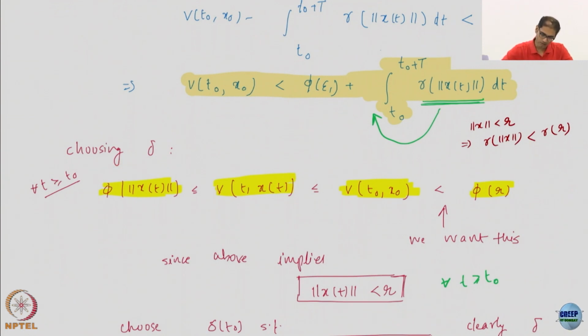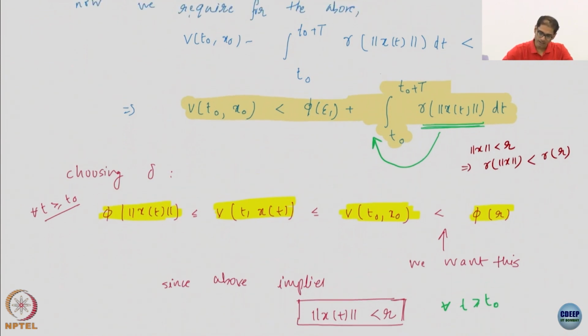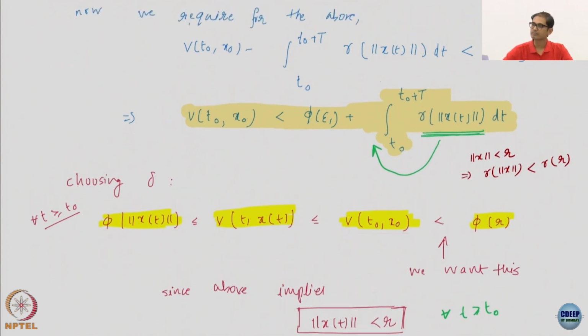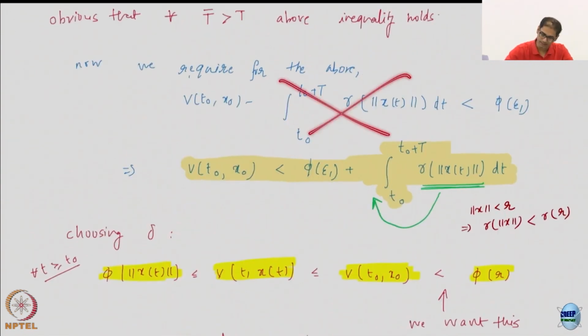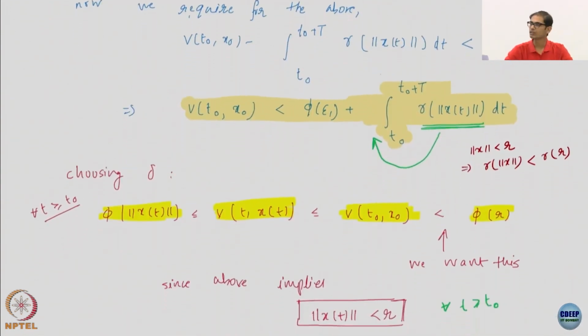I know that V is lower bounded in this way because of positive definiteness, and V is in fact upper bounded just by this. So actually I can completely neglect this term as far as my delta choice goes. What do I want?